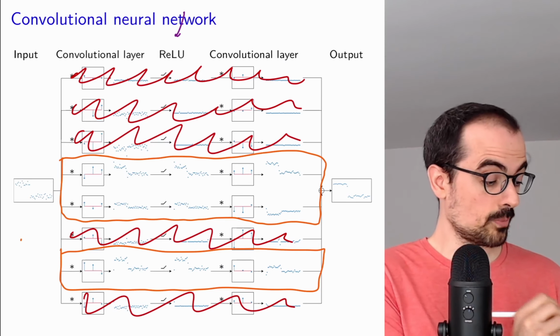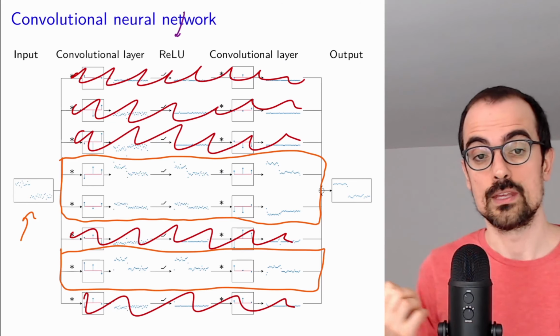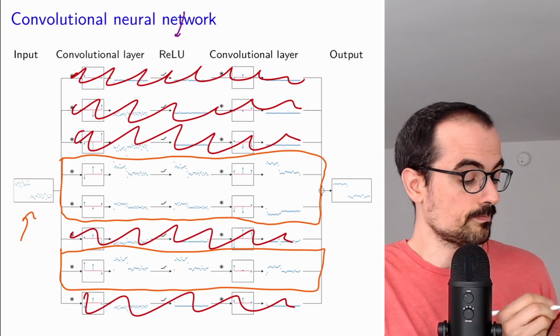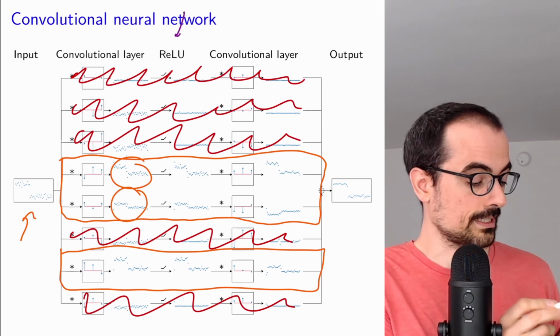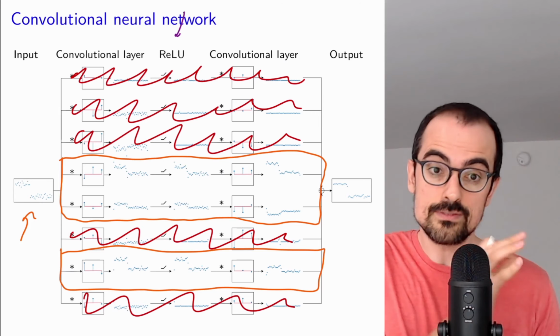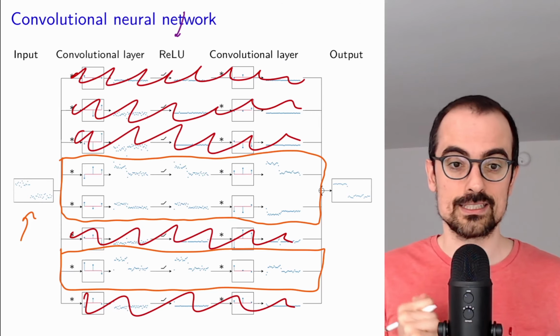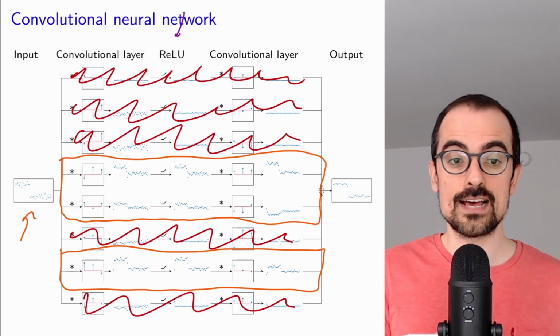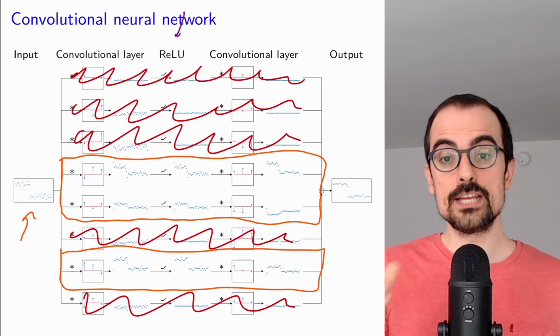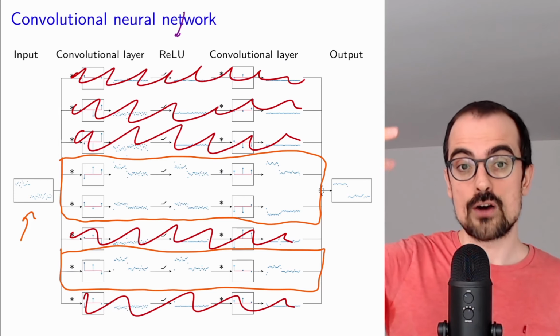For this specific input, and this is very important, whether the ReLUs are activated or not depends on the output of this first convolution, and that obviously depends on the input. So for different inputs, different channels will be activated. In this case, it's these 3 channels. If we change the input signal, it will be some other channels.